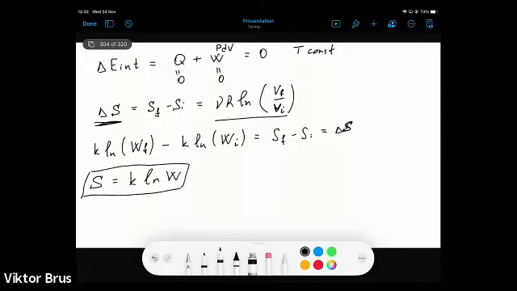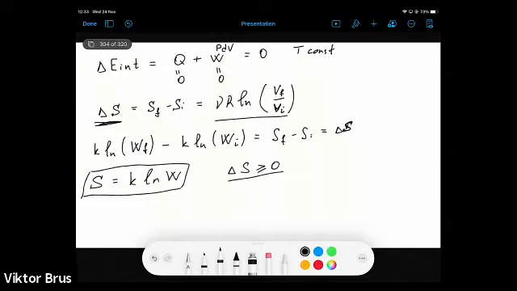And also, since we expressed the second law of thermodynamics in terms that delta S is always larger than or equal to 0 for any isolated system, equal to 0 for reversible and larger than 0 for irreversible processes, we can also interpret it from the point of view of microstate parameters.